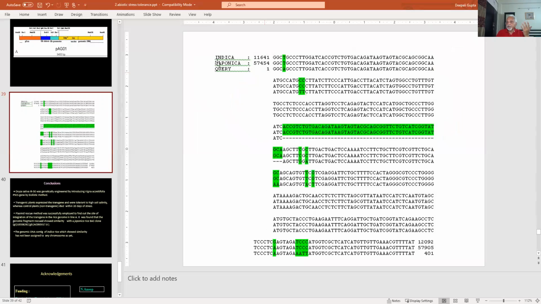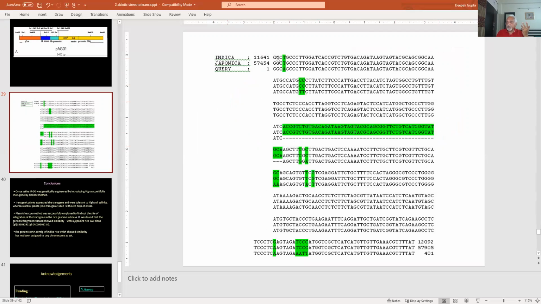When the sequencing was done and matched with the genome sequence of rice, we have the indica rice, the japonica rice, and this is the query sequence. The green zone you see is the deletions actually, but the rest is one-to-one matching with both indica as well as japonica rice.